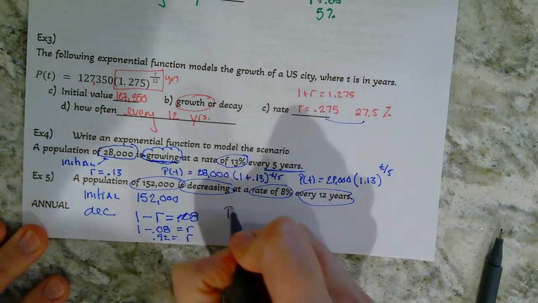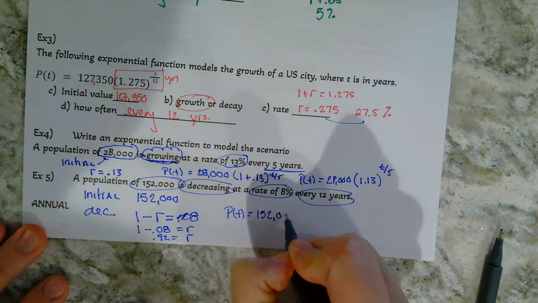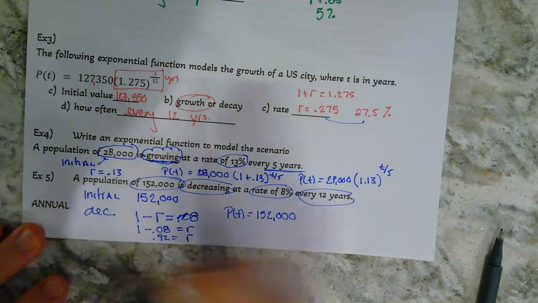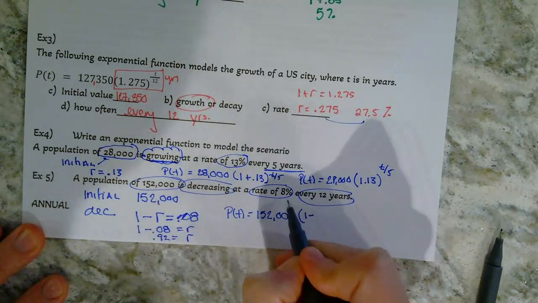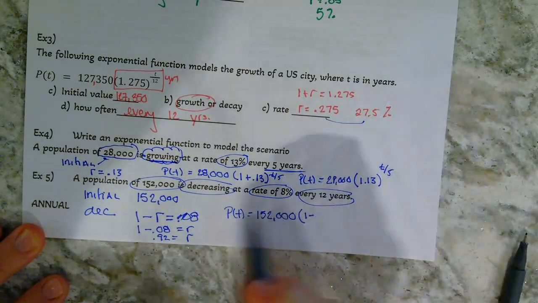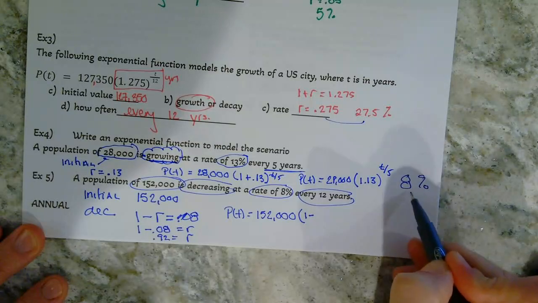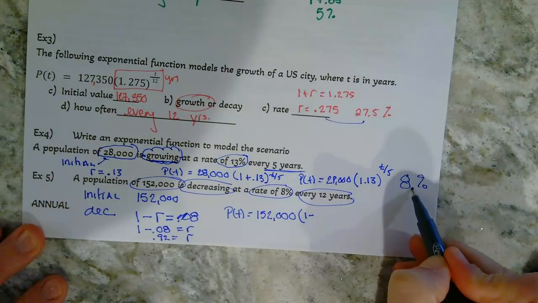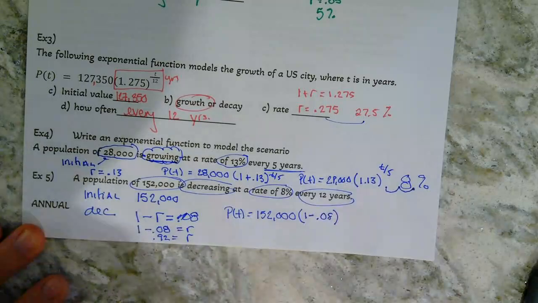All right, let's compare. So my population, P of T, started with an initial amount. So when time began, I had 152,000. It's decreasing, so immediately going 1 minus my rate, 8%. So again, you're moving your decimal 2 places to the left. So here's the decimal at 8. I need to count 1, 2. So 0.08.